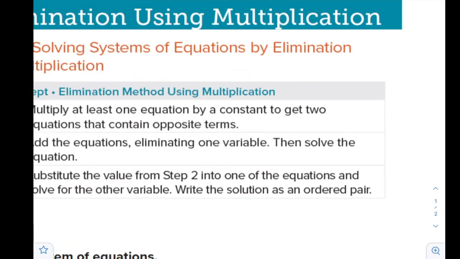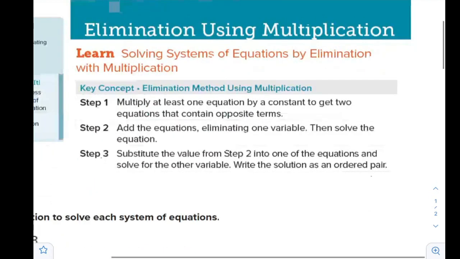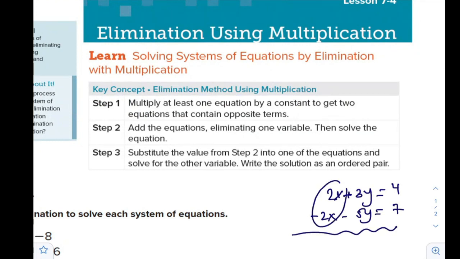For example, you were having 2x plus 3y equals 4, negative 2x minus 5y equals 7, whatever. Then you have here one of the variables opposite to the other, so you were adding directly to eliminate one of the variables.